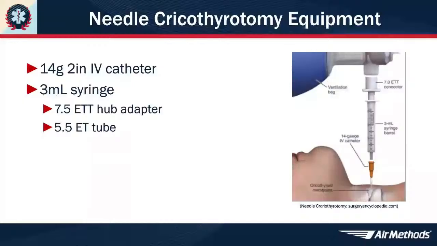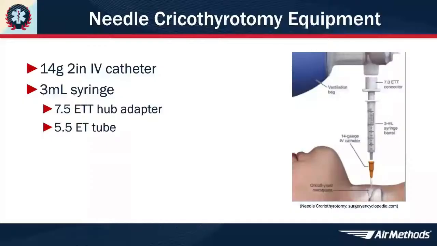That'll tell you that you're in the trachea. At that point, you're going to drop it down to a 45-degree angle, and then slide that catheter over top the needle, just like you would if you were doing an IV. The point being is you don't want to stab through the back side of the trachea, right? So we're looking for that free air, and we know we're in place, and then don't advance it much more than that.